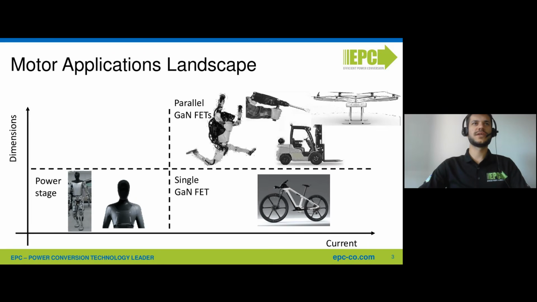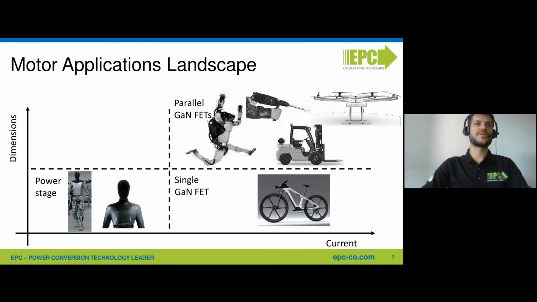So in this first slide, we're seeing kind of a graph that identifies some of the motor drive applications that can be divided into the dimensions of the motor and the current that is delivered to the motor.